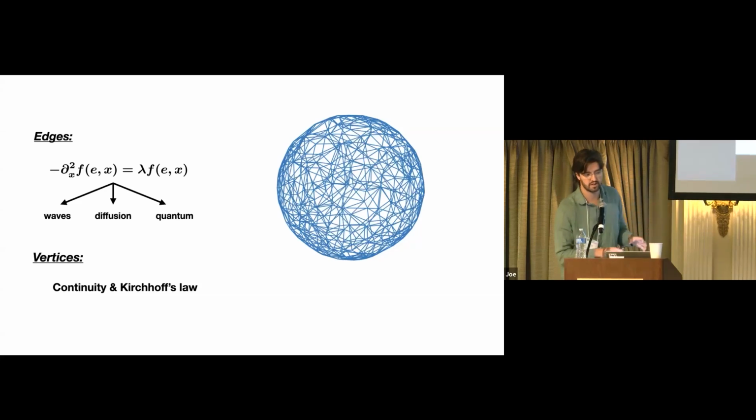So here I've got a triangulation of the sphere, and on each edge E, parametrized by the one-dimensional coordinate x, we look at this classic eigenvalue equation for the Laplace operator.